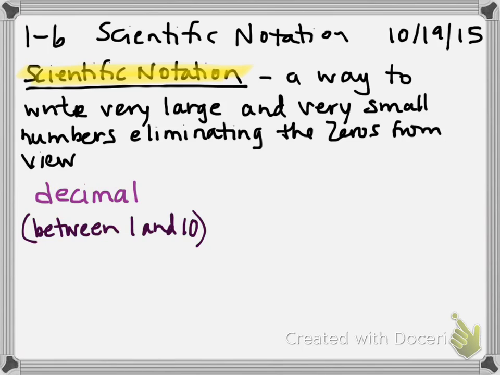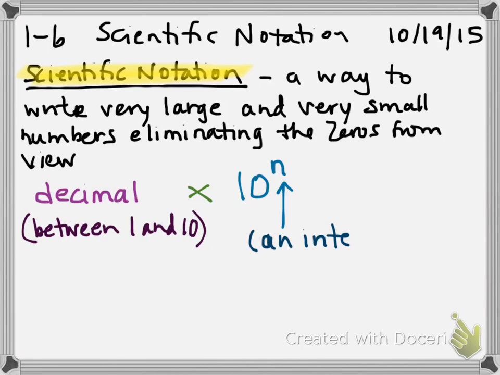Next, we're going to be multiplying, always multiplication, and then we're going to have a power of 10. So this is going to help us with those zeros we don't want to look at. And then it's going to have an exponent. The exponent is an integer.